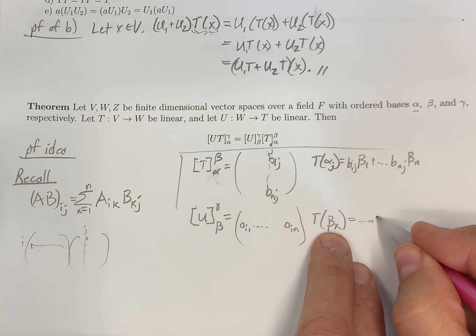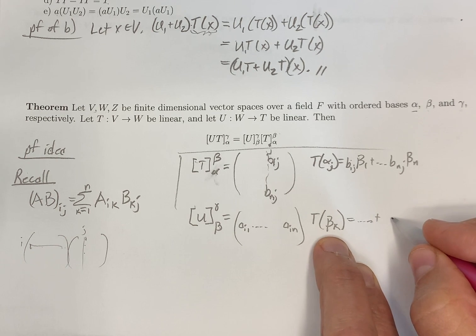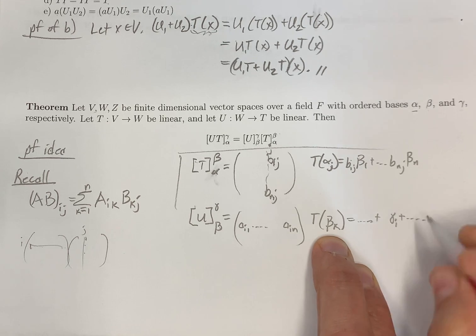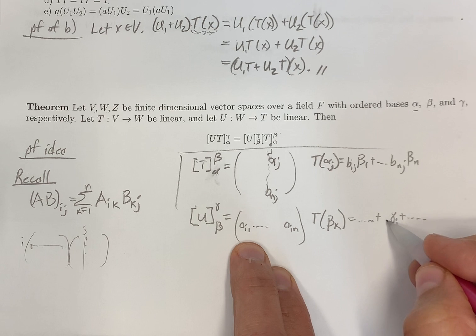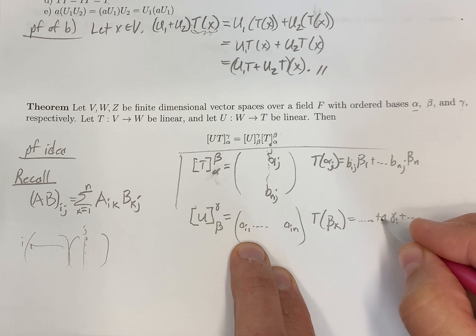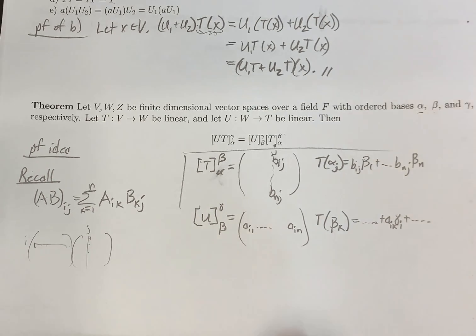This is saying, well, for a beta k, what is the coefficient that goes in front of the gamma i term, right? So that row has all of the coefficients for the gamma i, right? So I guess I'd write a_ik there, right? That particular term there.